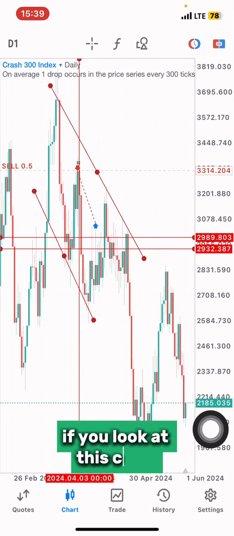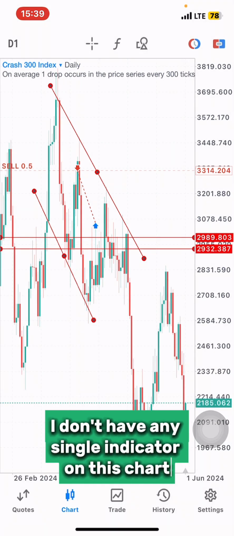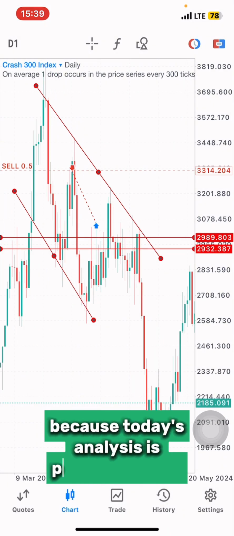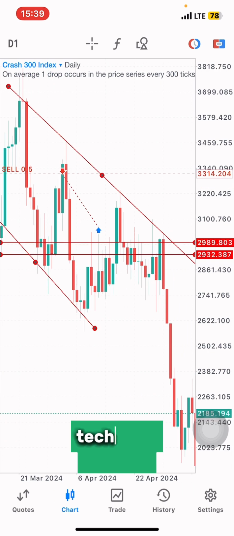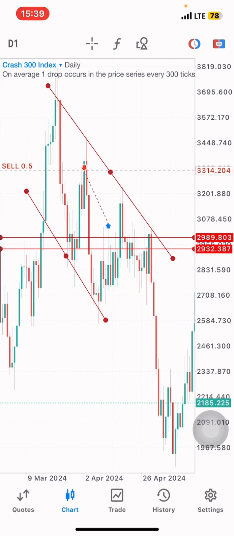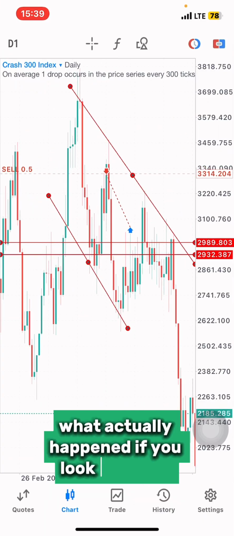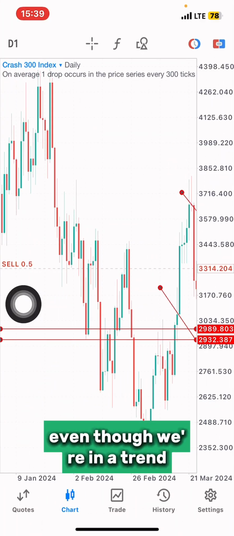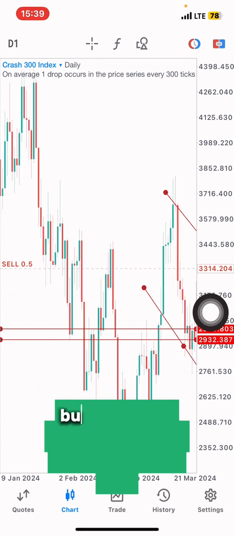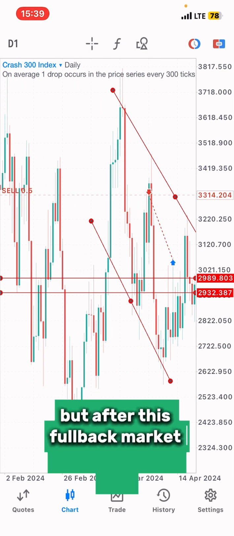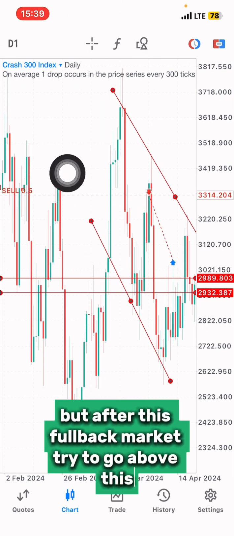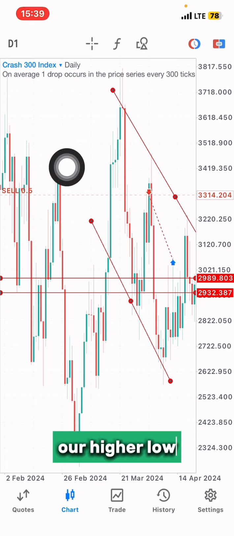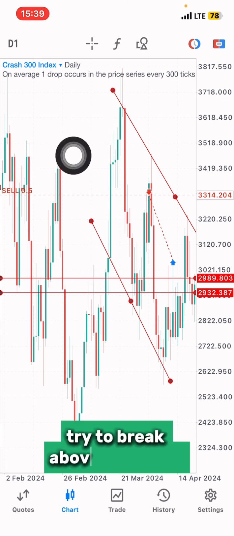If you look at this chart, I don't have a single indicator on it, because today's analysis is purely based on technical analysis. What actually happened is, even though we are in a downtrend, after this pullback the market tried to go above our higher low and break above these highs.